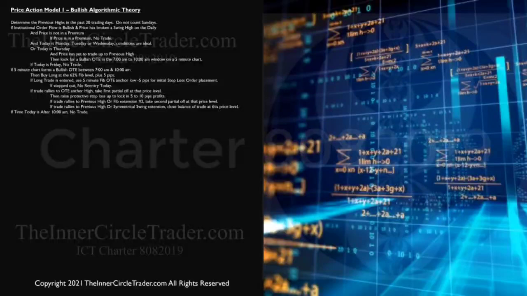That's it. That's all there is for price action model number 1. Now, looking at it like this, with a step-by-step approach, looking at it like a recipe. You do this, you do that, you don't do this if this condition's there, or if it hasn't met that condition, and it gives you a step-by-step process. That's algorithmic theory.